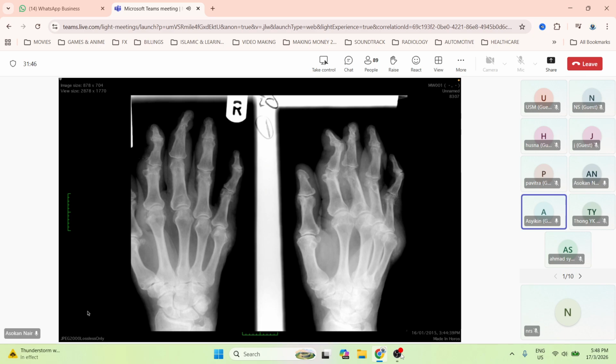These punched-out lesions also have overhanging edges. There is also soft tissue calcification adjacent to them. Other than that, the rest of the joint spaces are unremarkable. At this point, my differential diagnosis will be gouty arthritis with tophi.